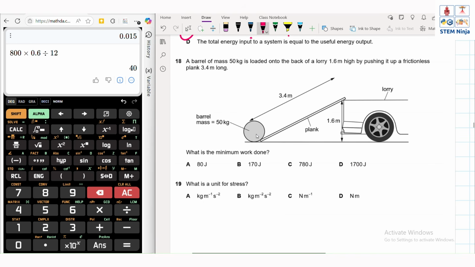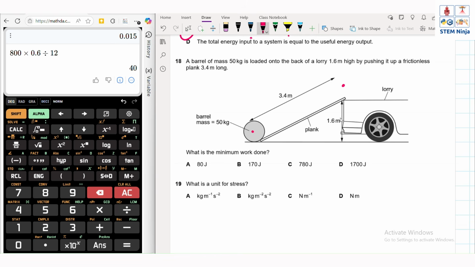A barrel of mass 50 kg is loaded onto the back of a lorry 1.6 meters high by pushing it up a frictionless plank 3.4 meters long. What is the minimum work done? The minimum work required is getting this barrel from here to here.